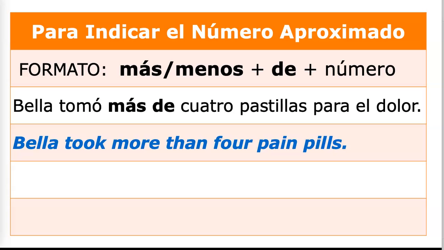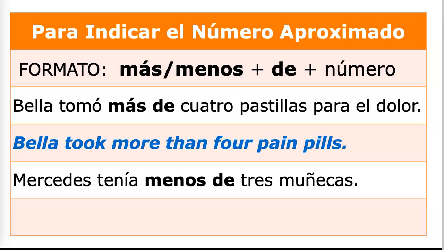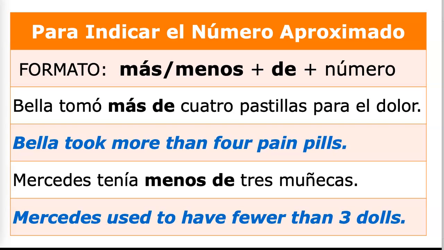Bella took more than 4 pain pills. Mercedes tenía menos de 3 muñecas. And remember, muñeca has 2 meanings. In this context, it means doll. It can also mean wrists. Mercedes used to have fewer than 3 dolls.